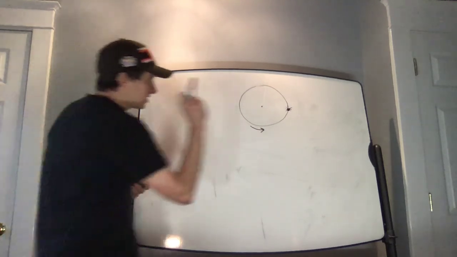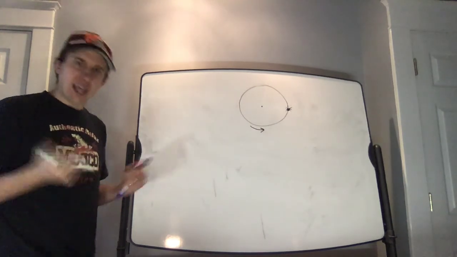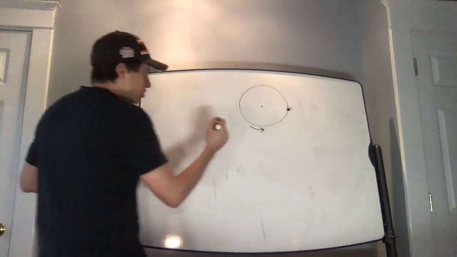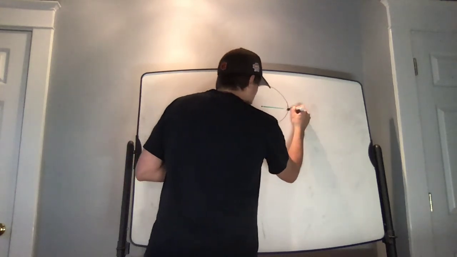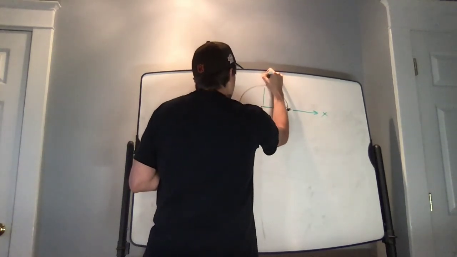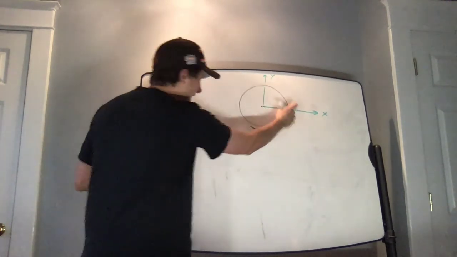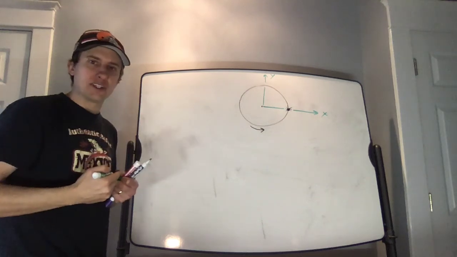Is there a reason why I chose to have the insect be right there? Well, kind of. If I imagine that there is an XY coordinate system with the origin right at the center of the record, then I have the insect starting along the x-axis at an initial angle of 0.